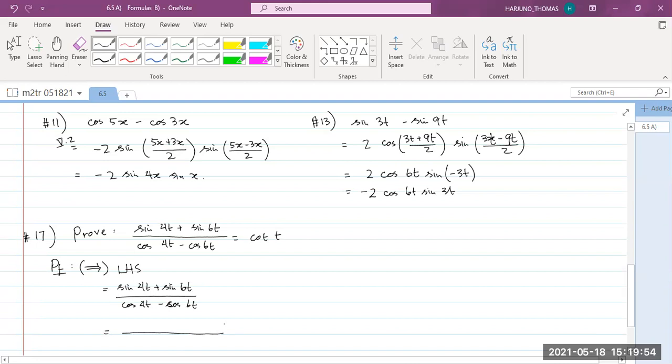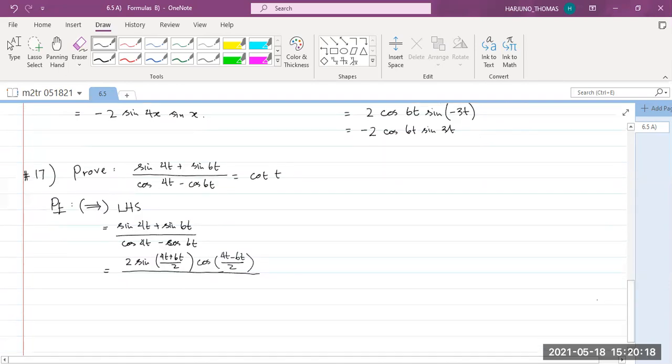Sine plus sine will be 2 times sine of sum over 2 cosine of difference over 2, while cosine minus cosine is negative 2 sine of sum over 2 sine of difference over 2.